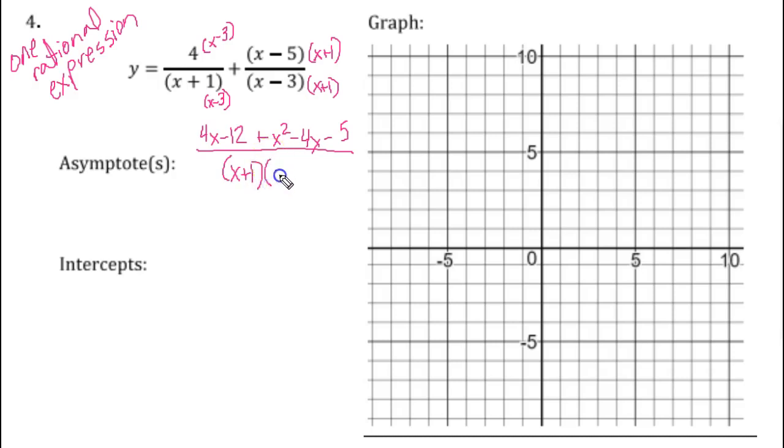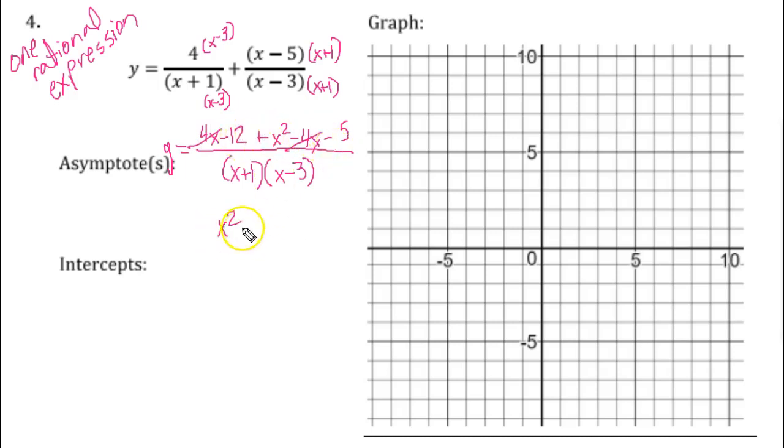We were going to need it factored anyway to figure out what our key features were, so might as well leave it that way and not give myself extra work. We do need to simplify this, see if it will factor. These are the things that we need to look for. So I'm going to have x squared, positive 4x, and negative 4x conveniently cancel. So that's pretty awesome.